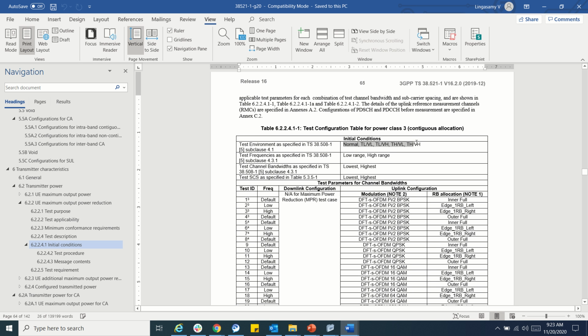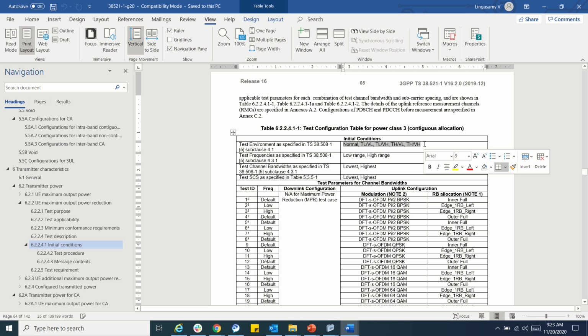And you can see here the climatic conditions, test environments. Normally we use a normal environment, but some of the stringent measurements should be done for all the conditions. Normal means normal temperature and normal voltage. Then temperature low, voltage low; temperature low, voltage high; temperature high, voltage high; and temperature high, voltage low.